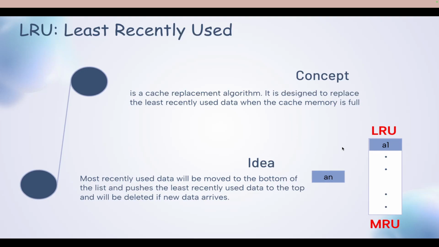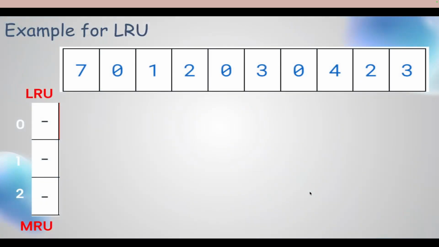And you can see here is a general example. Now I have an example about least recently used data. So we have a block request here, and suppose the cache has three lines, and the top is the least recently used data, and the bottom is the most recently used data.